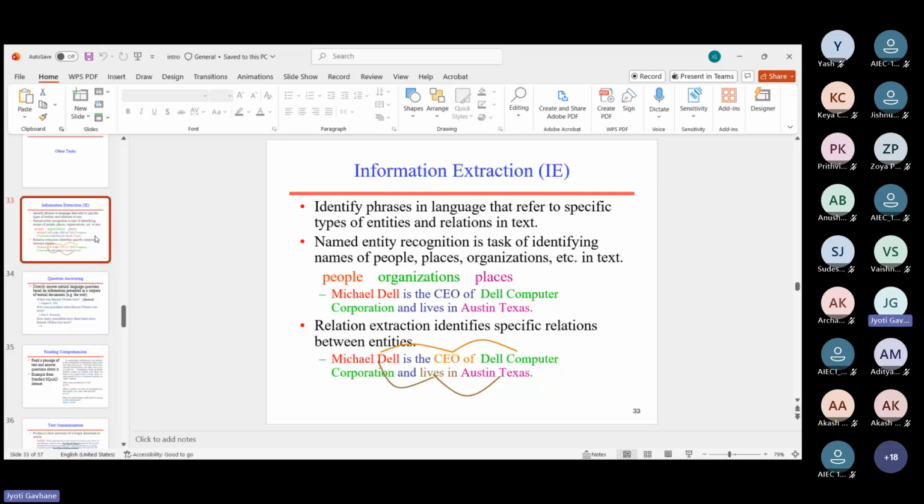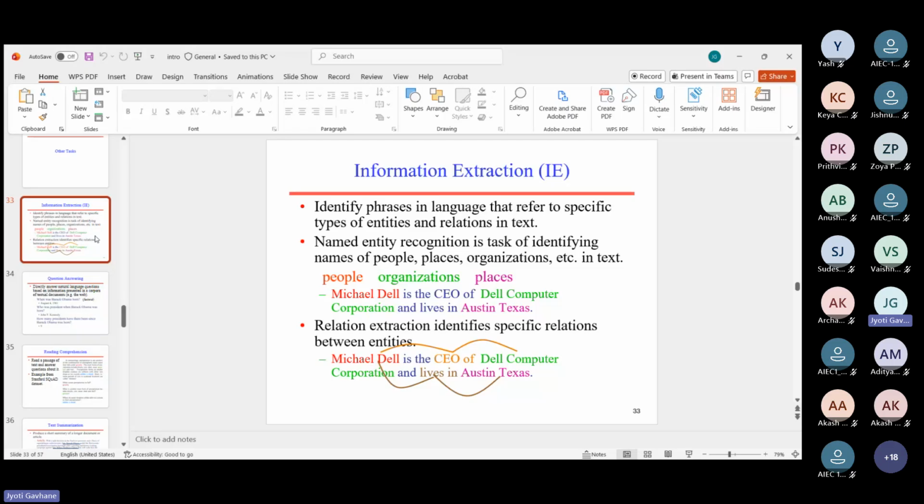Now, how will you do relation extraction? If a question is asked with who, obviously the answer will be Michael Dell. If I want to extract information, in which organization, or Michael Dell is the CEO of which organization? If it comes like that, you will just answer Dell Computer.